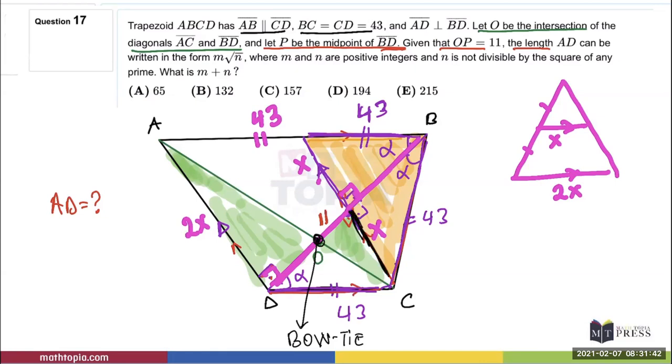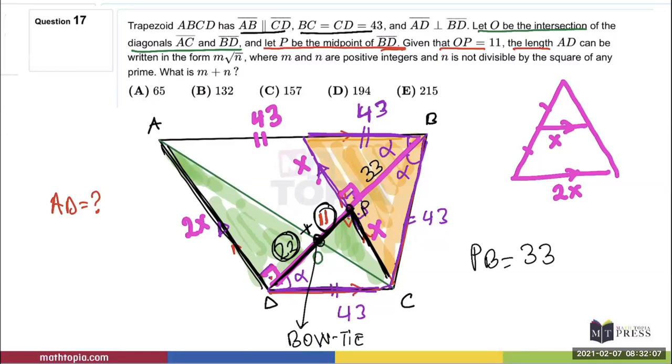The similarity ratio is 1 to 2. So if this is 11, this has to be 22. So this is 22 plus 11, that is going to be 33. So the length of PB is going to be 33.